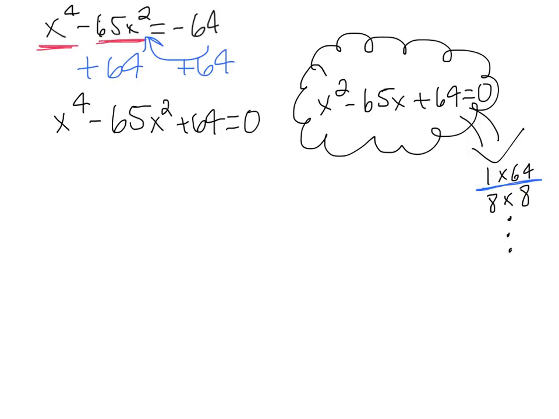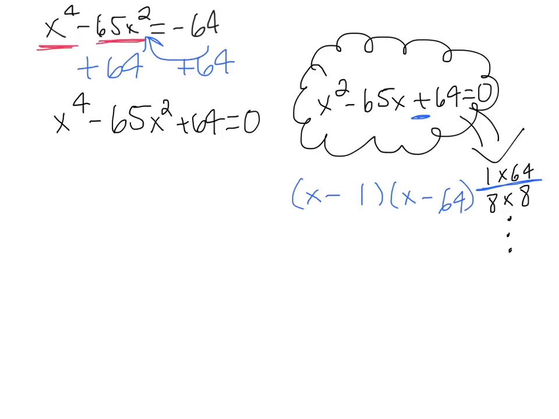I notice that the sign is positive, so the resulting binomials have to be negative in this case, because I see that the second term is this really large negative, and then the factors are going to be 1 and 64. It doesn't really matter the order.